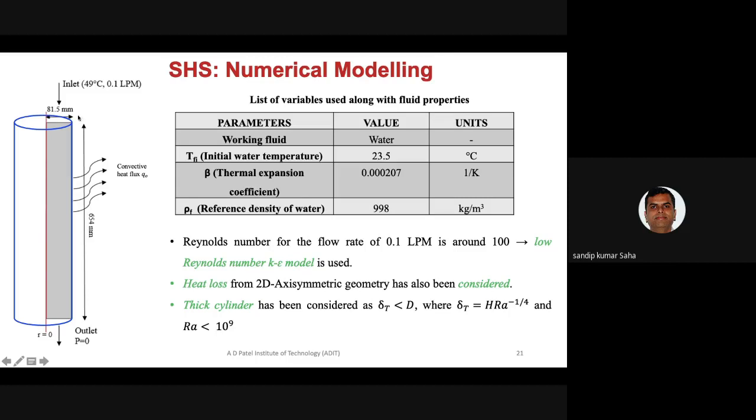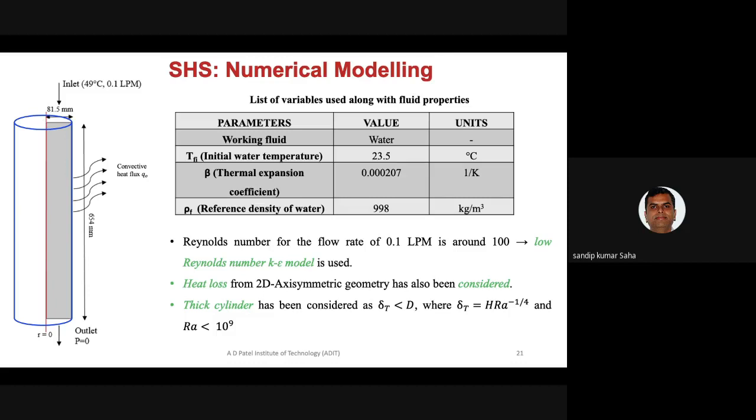Now how to model this? Obviously, I will impose this as the inlet. At the inlet I will give a velocity inlet or mass flow inlet, and on the side walls I can give some convective heat flux, so some heat loss could be there. Even if you use insulation, some heat loss will still be there. If the flow is a little higher than the critical Reynolds number, then you will employ a turbulence model.